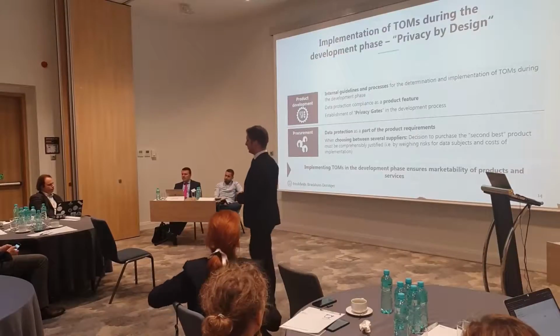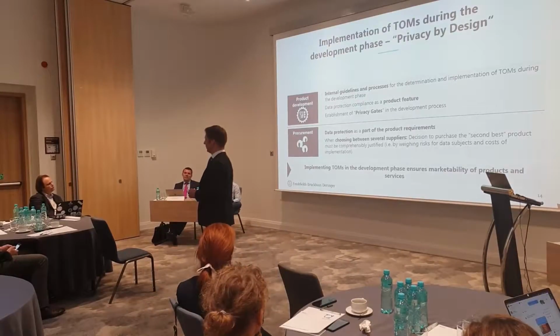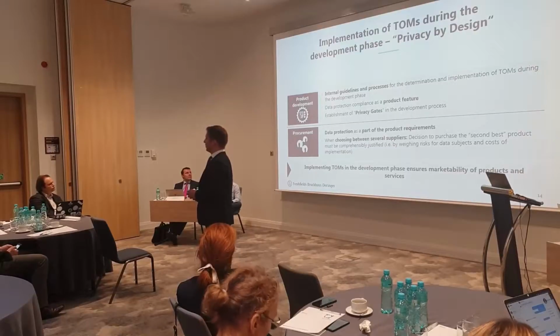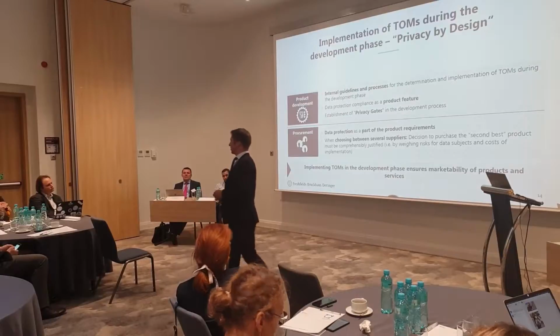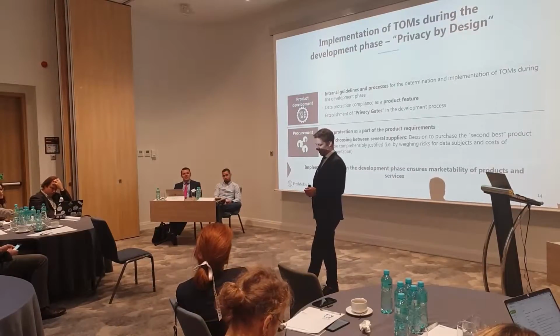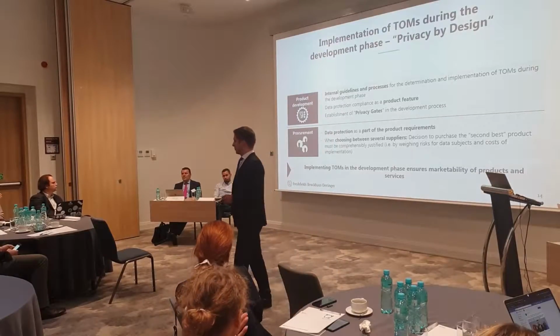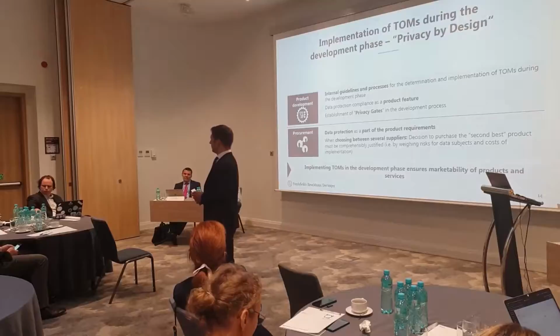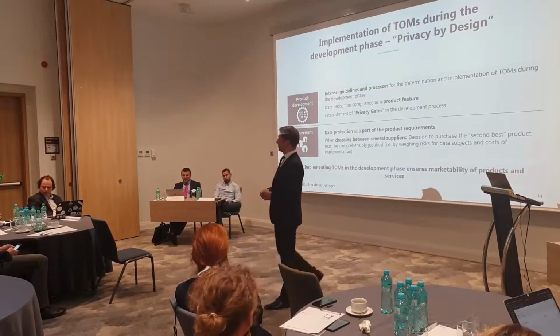Can you give a concrete example of how that can work? Let's take an application as a product. You have all the features you want, and you ask a software company to develop that for you. Data privacy would be one of the features, for example the consent management.